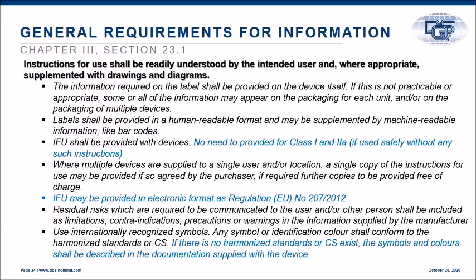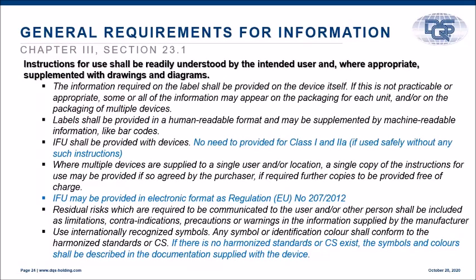So one thing, if you see, IFU shall be provided with devices. They have also given that there is no need to provide it for class 1 and class 2A if the device can be used safely without such instructions. So you need to run through your risk in terms of this and then have a clear assessment.